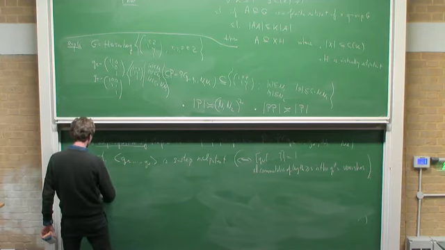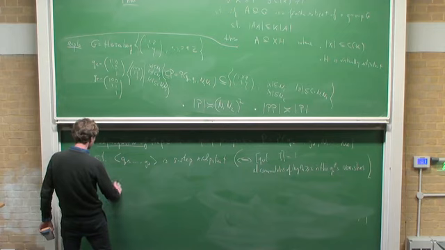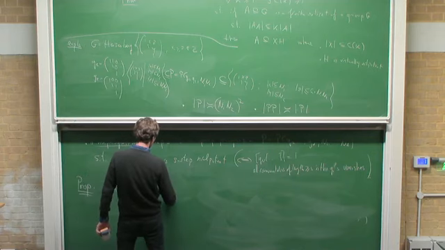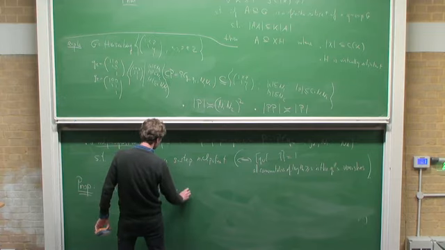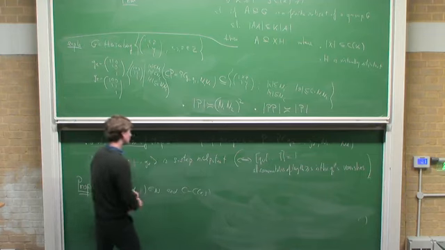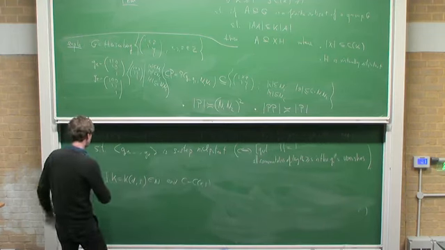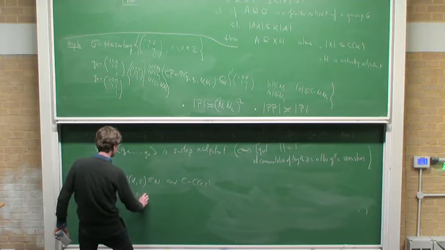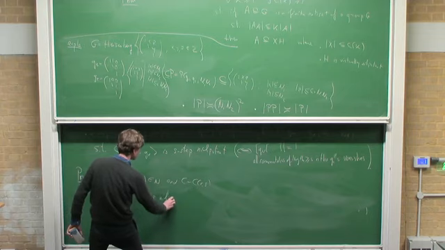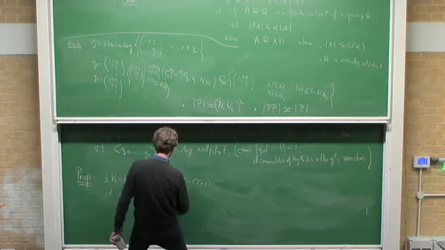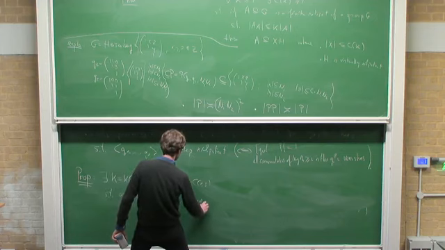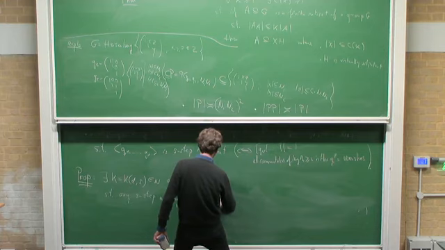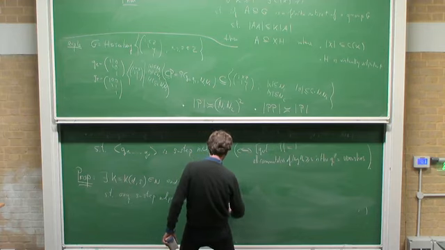So there is some K, which depends on d and s only, and another constant c, which also depends only on s, such that any s-step nil progression of rank d with side length at least c is a K-approximate group. So the side length needs to be not too small.